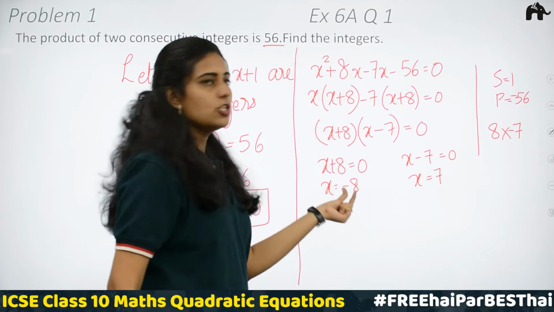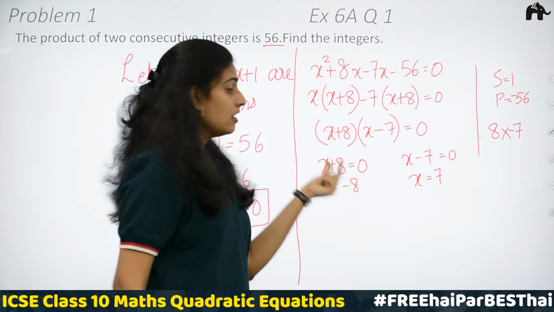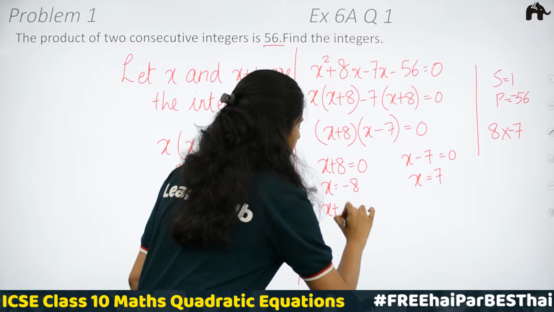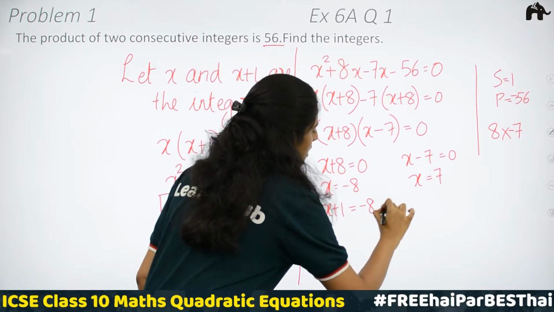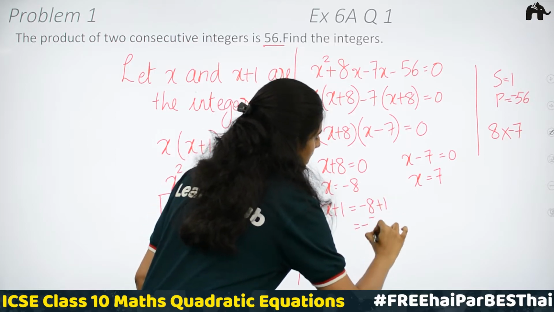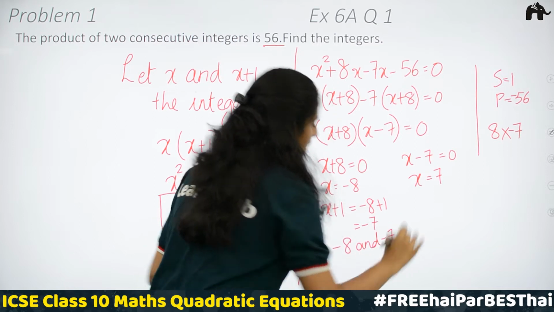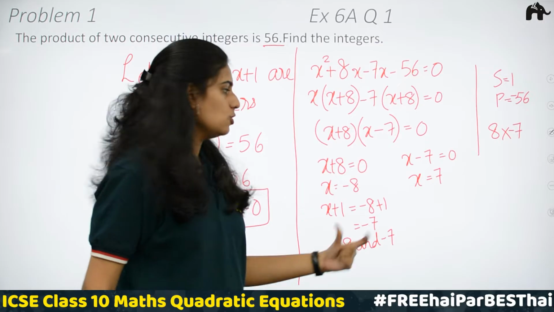If x is equal to minus 8, this is an integer, and the very next integer, that is x plus 1, will be equal to minus 8 plus 1, that is minus 7. Minus 8 and minus 7 is one set of integers that we can choose.